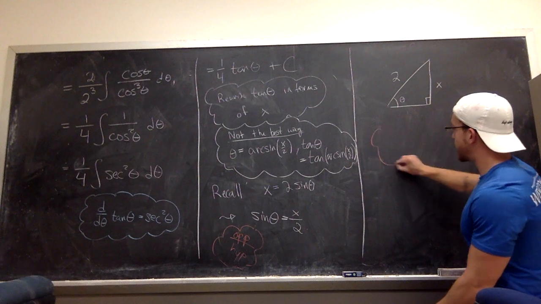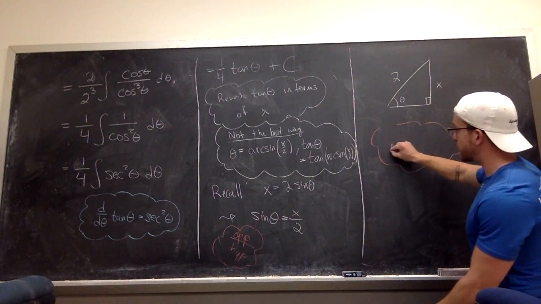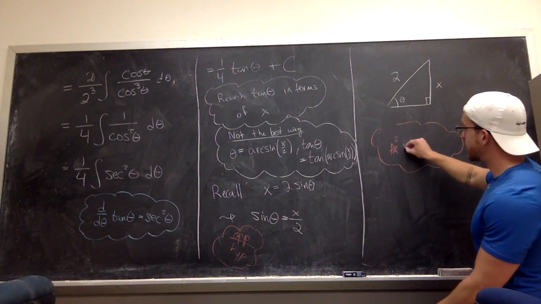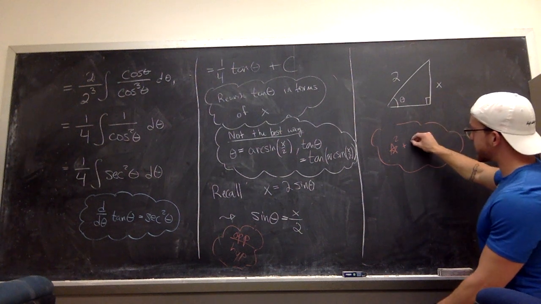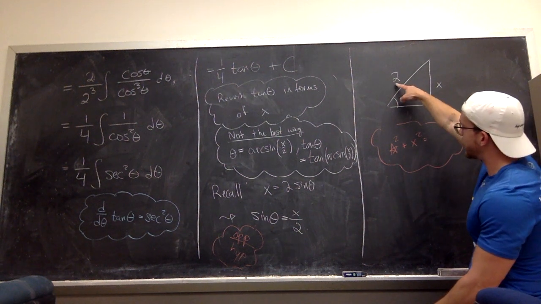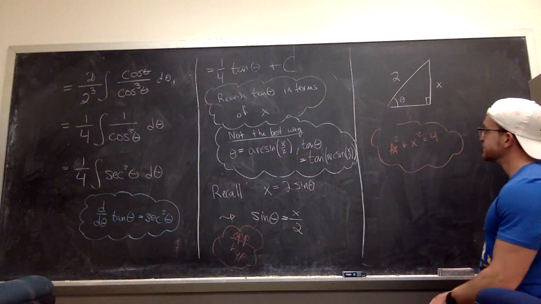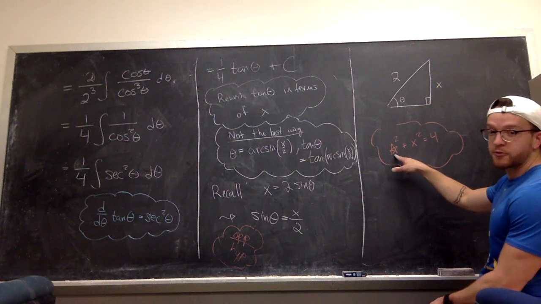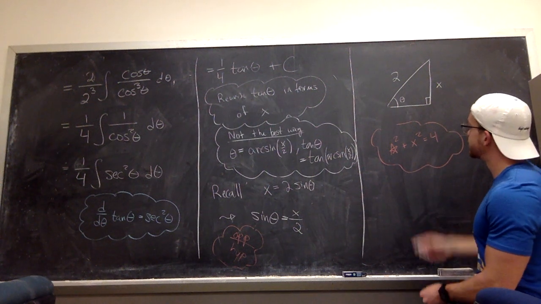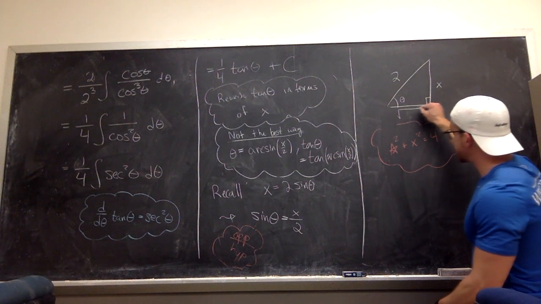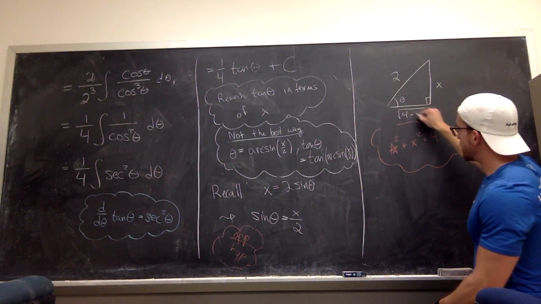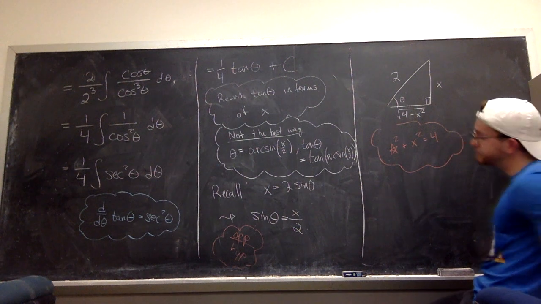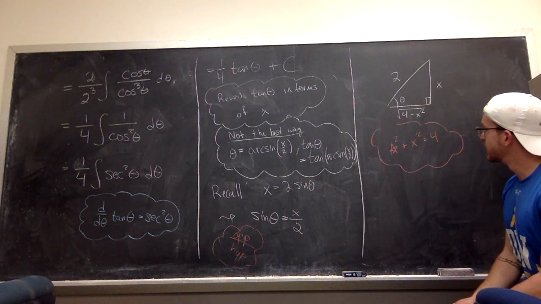So the unknown side, if I call it star, by the Pythagorean theorem, says star squared plus x squared has to be 2 squared. Solve for the unknown, and that tells us this unknown side is the square root of 4 minus x squared.